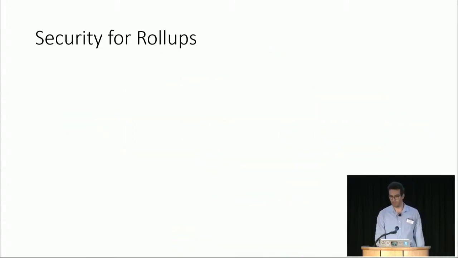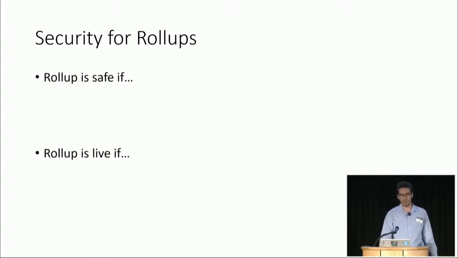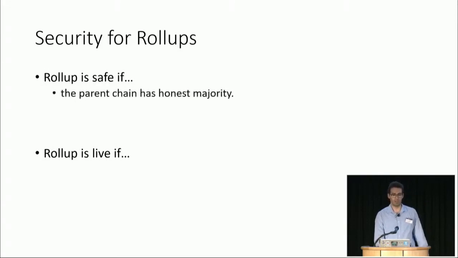Okay, how has security been traditionally shown for rollups? Security for state machine replication consists of two main components. The first one is safety. The second one is liveness. And now I'm focusing on safety here. Traditional safety has been shown relying on some trust assumptions. For instance, the parent chain has honest majority. And of course, for rollups, there are extra requirements because now the validity check for the state is done by the full nodes outside the parent chain.